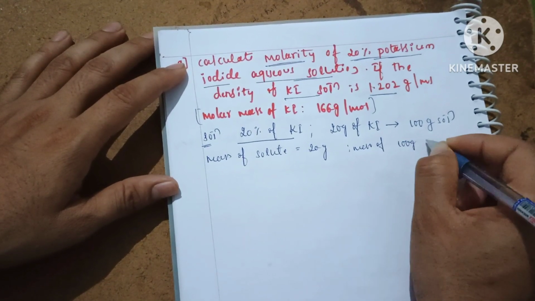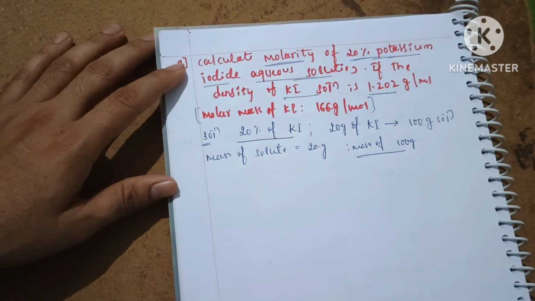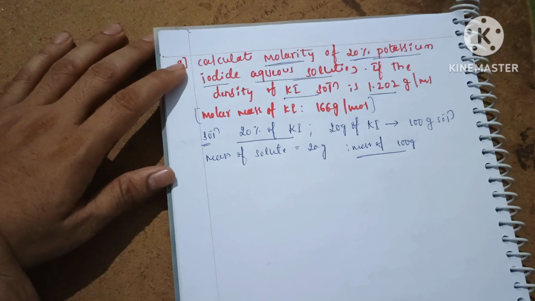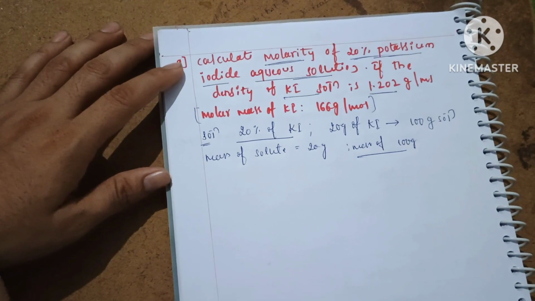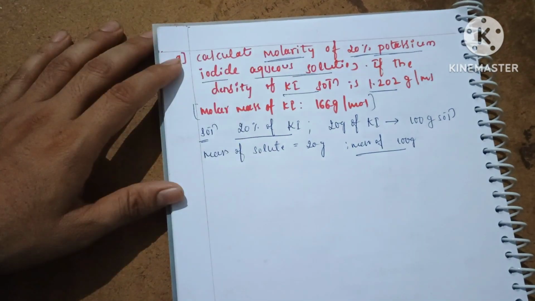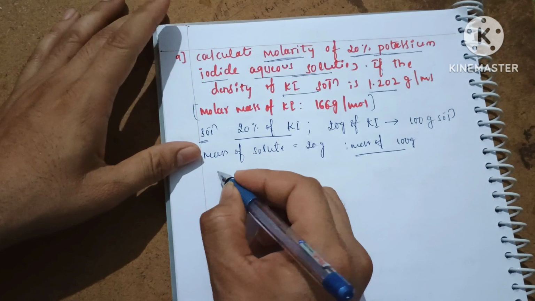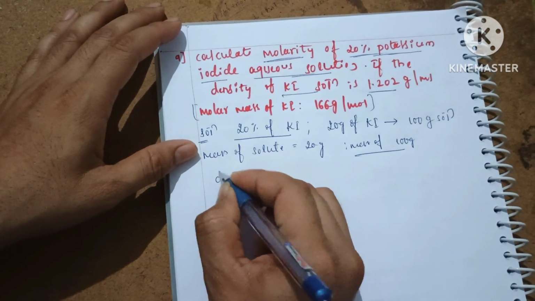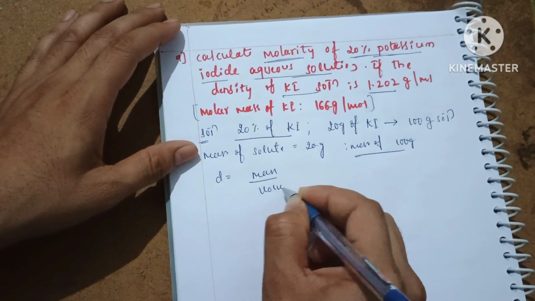And as we all know, in molarity we have to take the volume of solution, not the mass of solution. For that we have to convert it. As we all know, density is equal to mass by volume.